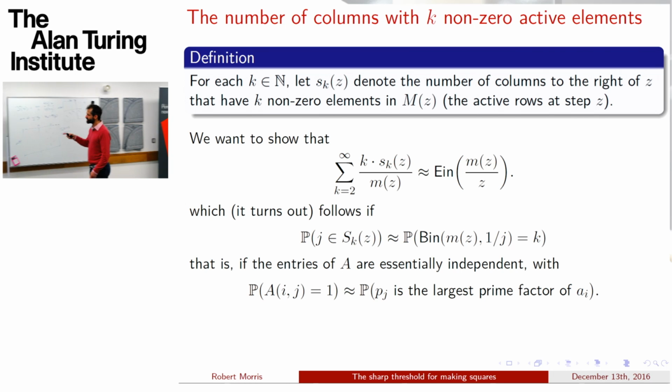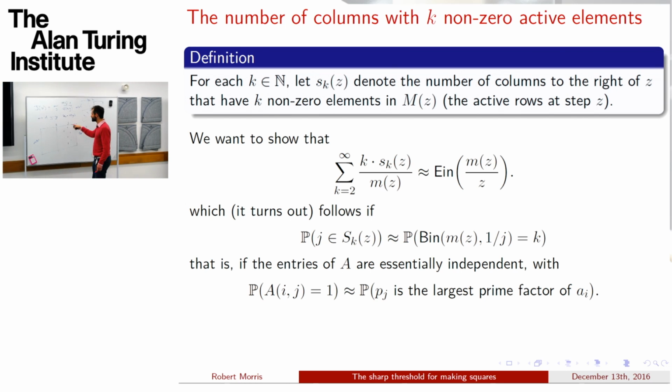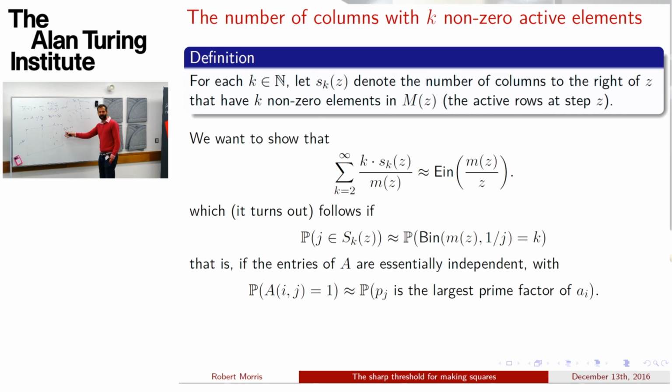Note that this 1 over j is not the probability that this prime divides the number. It's the probability if you assume that every larger prime does not, which is sort of natural because we're in m of z, in rows that haven't been destroyed, so it's much more likely that you have zeros to the right.